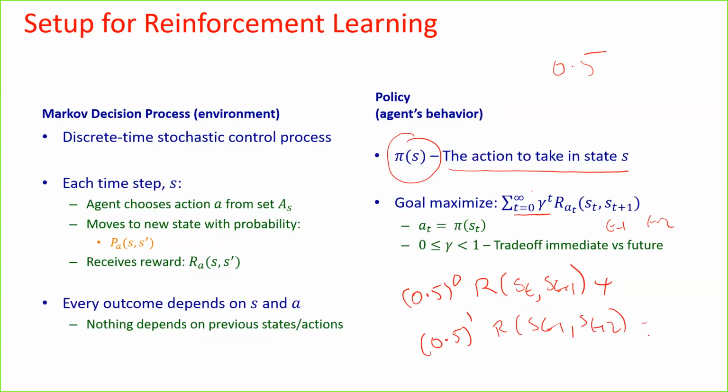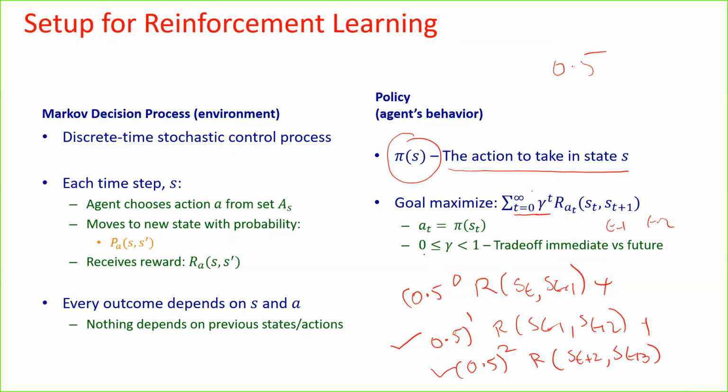The next one is 0.5 to the power 2, for the reward of moving from state t plus 2 to state t plus 3. So you see that future rewards are time discounted. They are multiplied with 0.5 here, with 0.25 here, and even further future rewards are discounted more. And the goal is to maximize the overall reward.